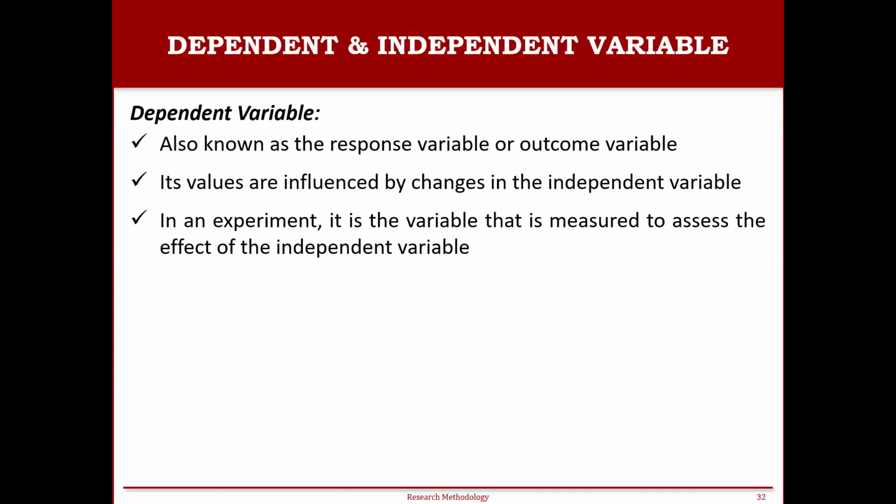We can check how it is influenced by the independent variable while assessing the dependent variable. Usually the dependent variable is expected to change based on the manipulations of the independent variable.